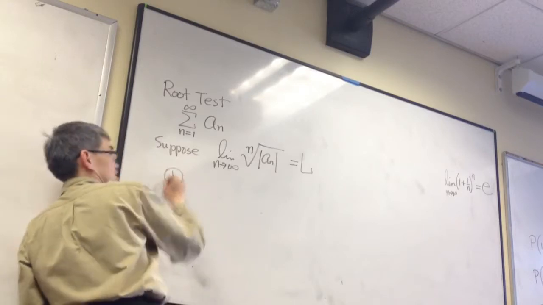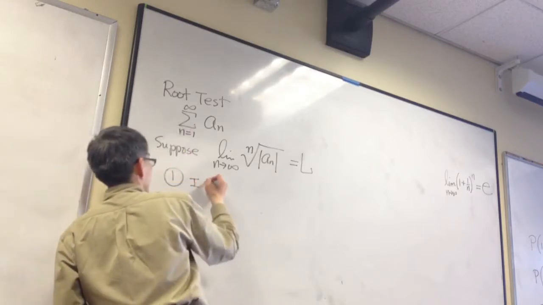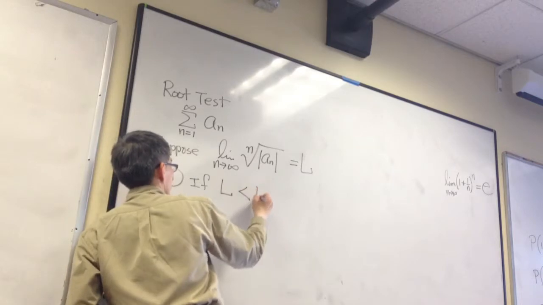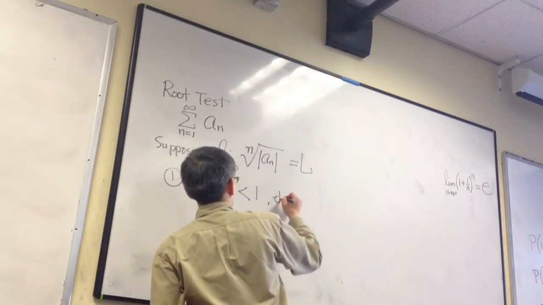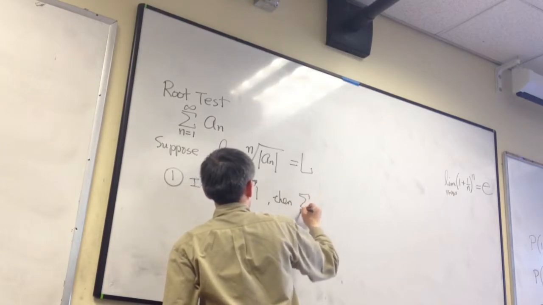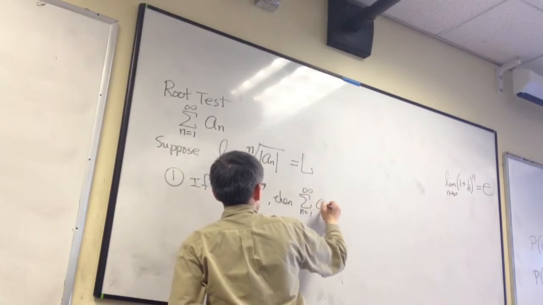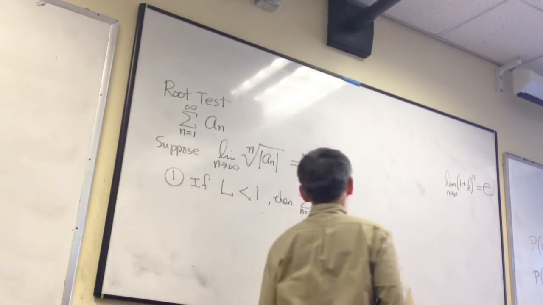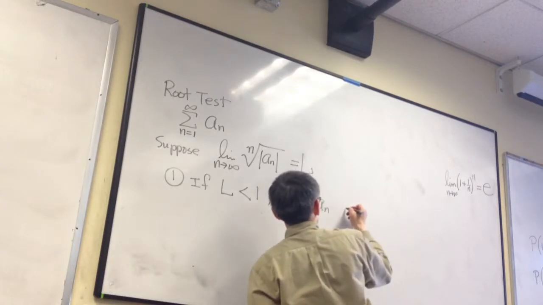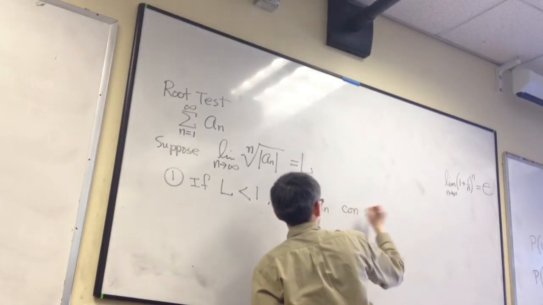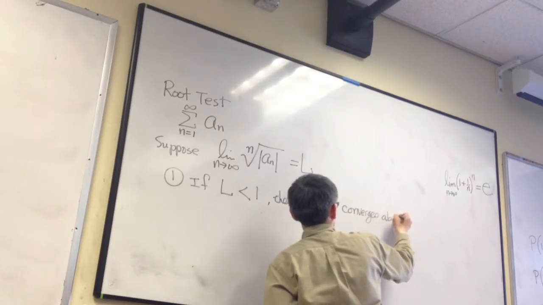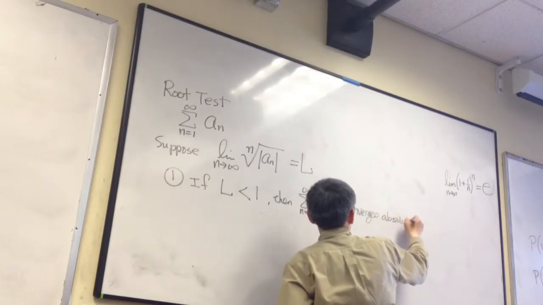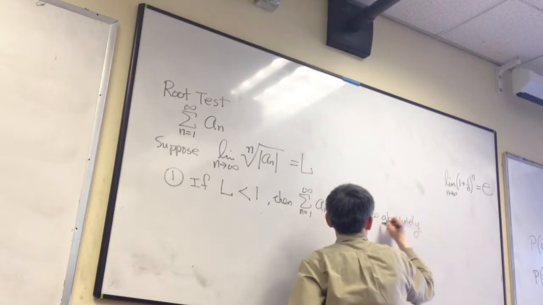Then I have 3 scenarios. If L is strictly less than 1, then the summation from n equals 1 to infinity of the original series, without the absolute value, converges absolutely.